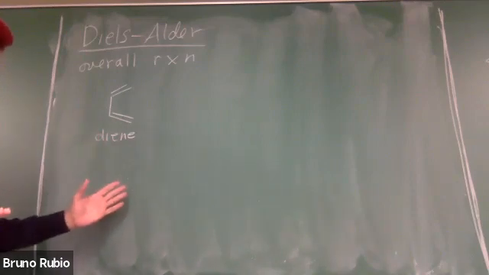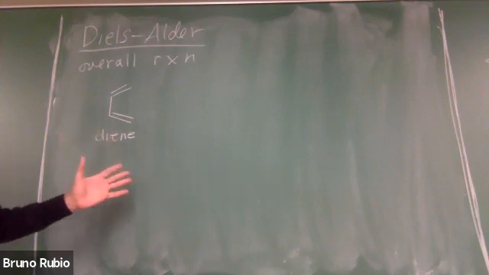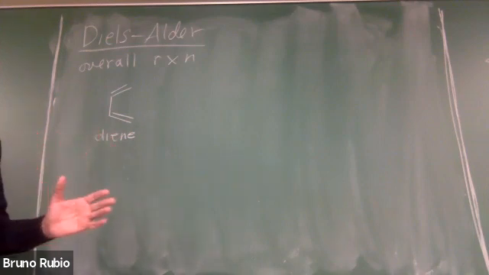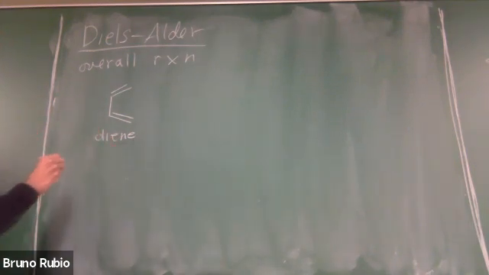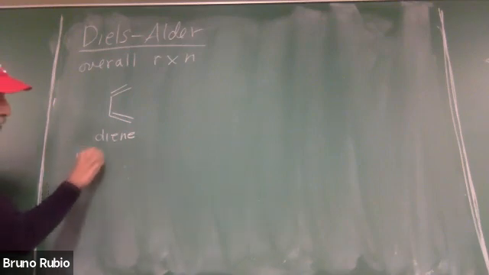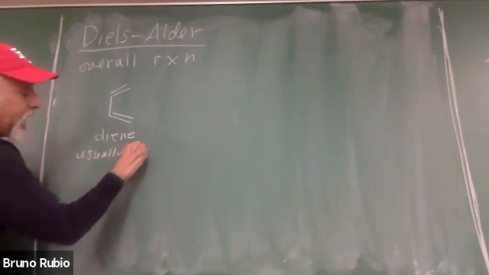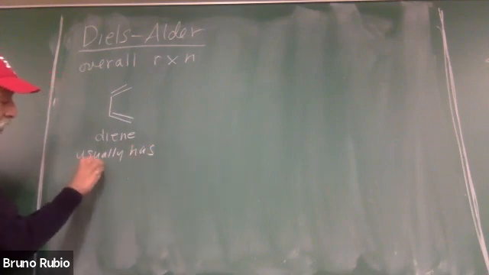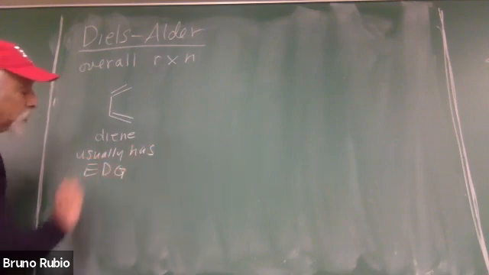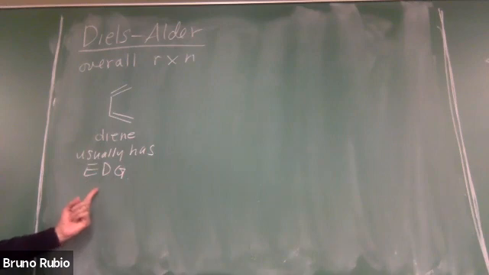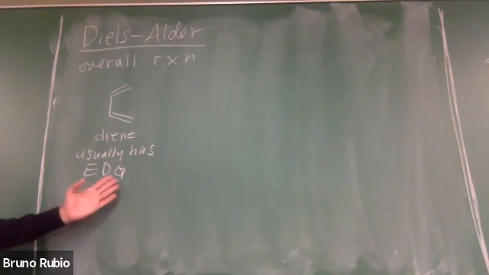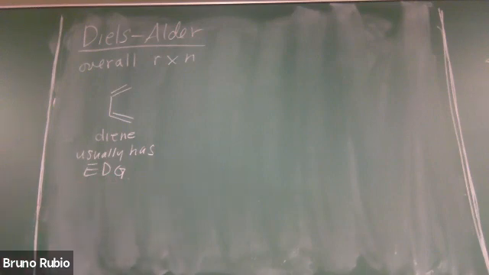I'll get into this a little bit later. But the diene usually will have electron donating groups, which takes an awful long time to say, right? So I'm just going to say EDG, electron donating groups.